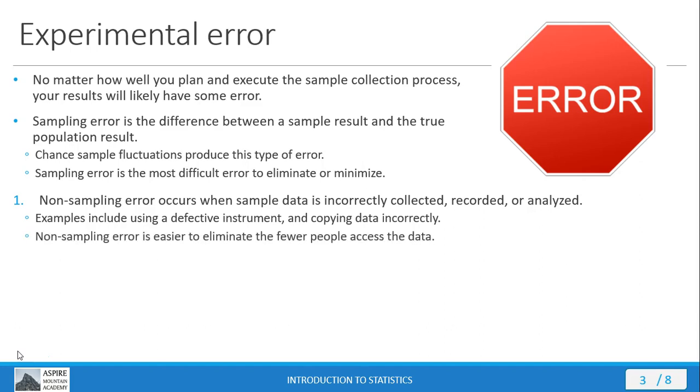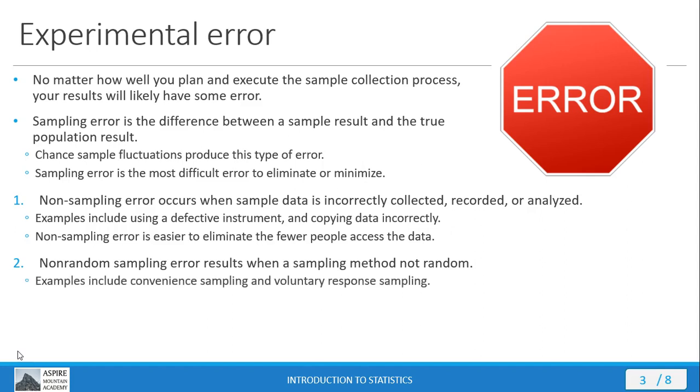Because this type of error comes from how you manage your data, it's easier to eliminate this type of error than it is sampling error. Of course, the easiest type of error to eliminate is what's called non-random sampling error. This occurs when you choose a sampling method that's not random. We've already discussed some sampling methods that lack randomness, like convenience sampling and voluntary response.